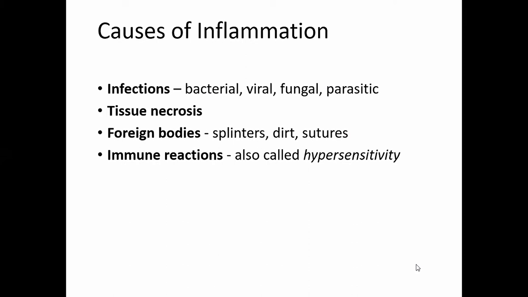Also trauma, and physical and chemical injury like thermal injury in burns or frostbite. The presence of foreign bodies like dirt and sutures may elicit inflammation because they cause traumatic tissue injury or carry microbes. And then the immune reactions, also called hypersensitivity reactions, are reactions in which the normally protective immune system damages the individual's own tissues.